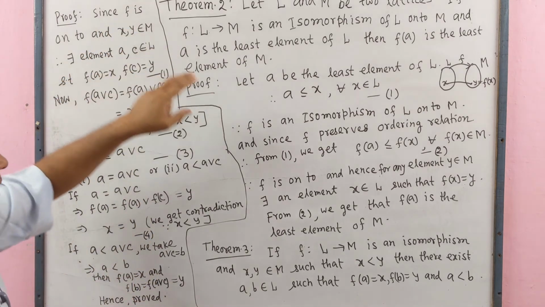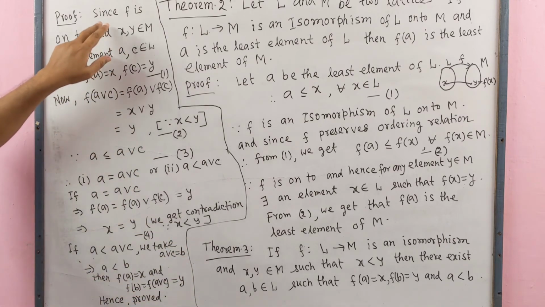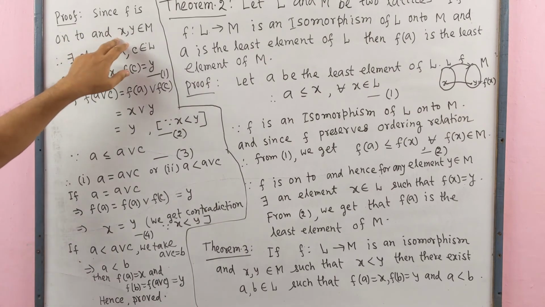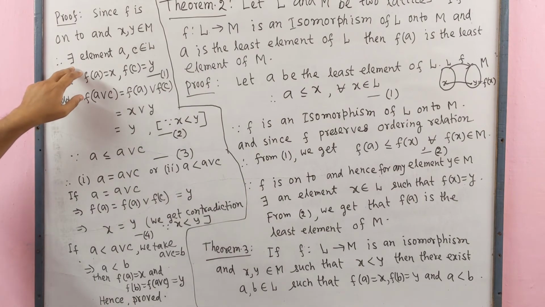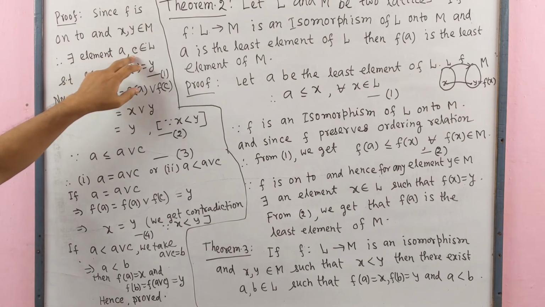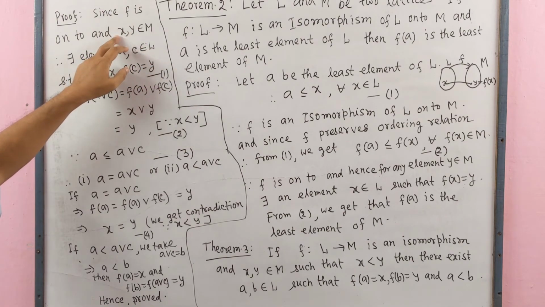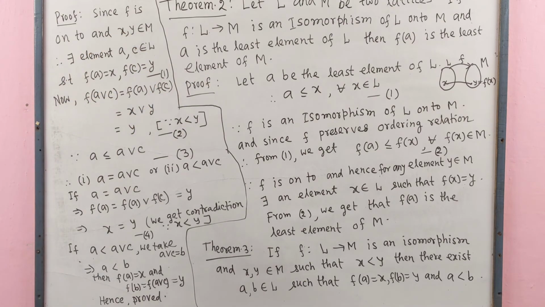Since F is an isomorphism, therefore F is 1-1 and onto. Here F is onto and x, y belongs to M. Therefore, there exists an element A and C belong to L such that FA equal to x and FC equal to y. This is the property for onto mapping.